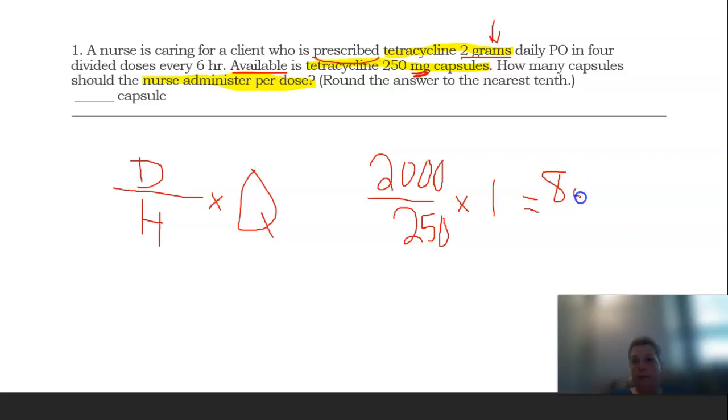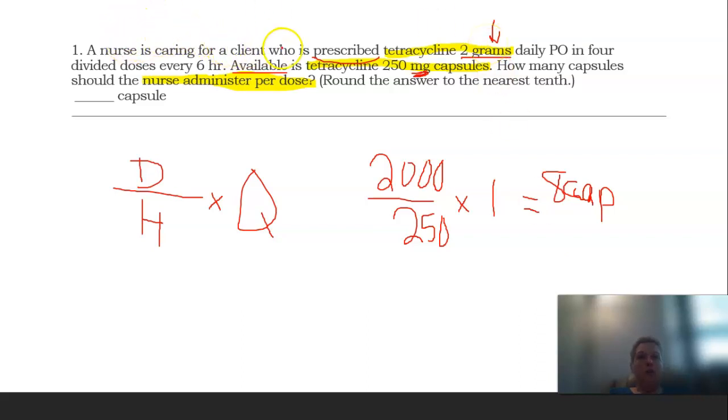And it was capsules. So I've got 8 capsules. Okay. Then I think to myself, oh my gosh, that is a whole bunch of capsules. I'm not sure that I've done this right. So then I think about, what does that say?